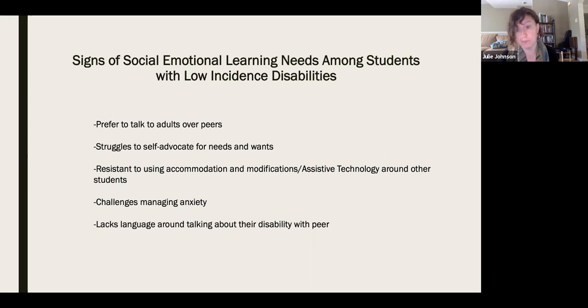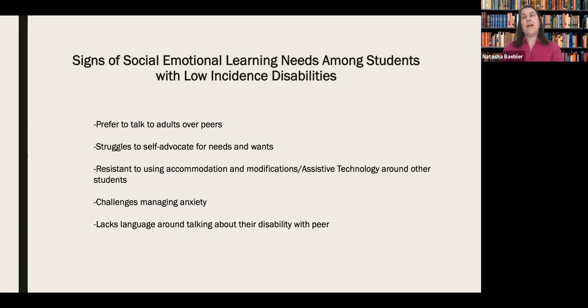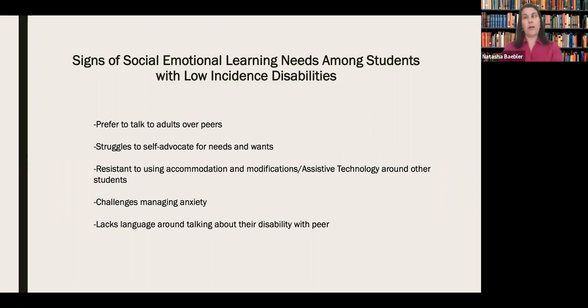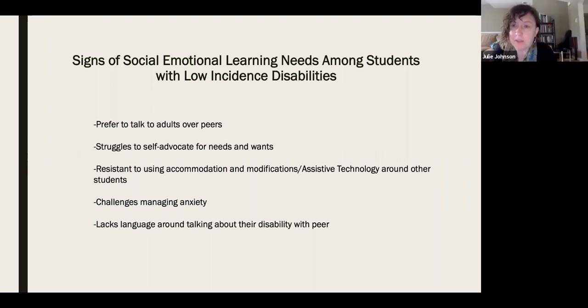Well, and if a student has never met somebody else living with a disability, they don't actually have it modeled. An able-bodied person can give them all the language in the world without the stories. Mm-hmm. And without the stories, that generalization is much harder to acquire. Yeah. So that's the importance of social stories.